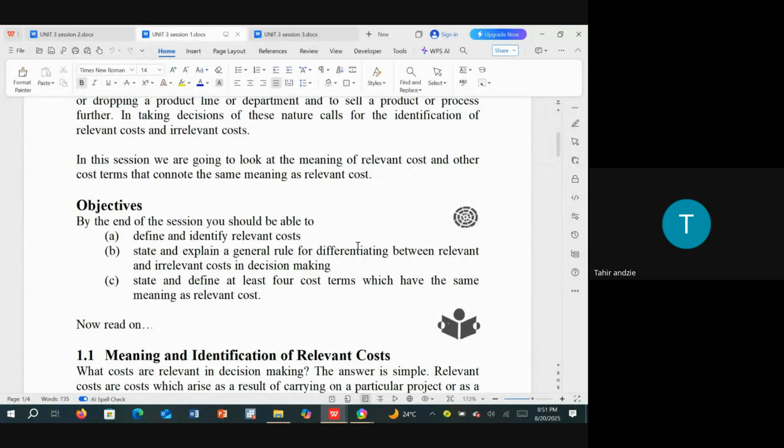Then also state and explain a general rule for differentiating between relevant costs and irrelevant costs in making decisions. And you should be able to state and define at least four terms which have the same meaning as relevant costs. So let's go on with it.